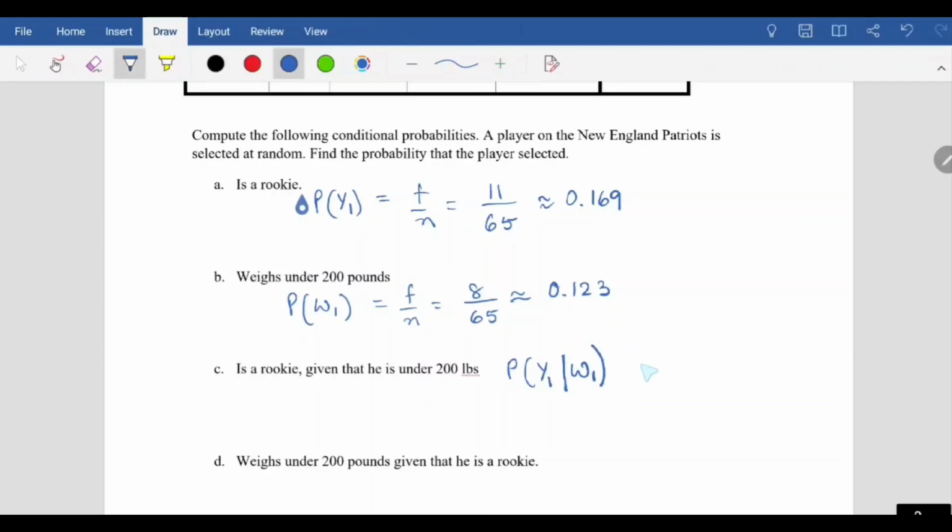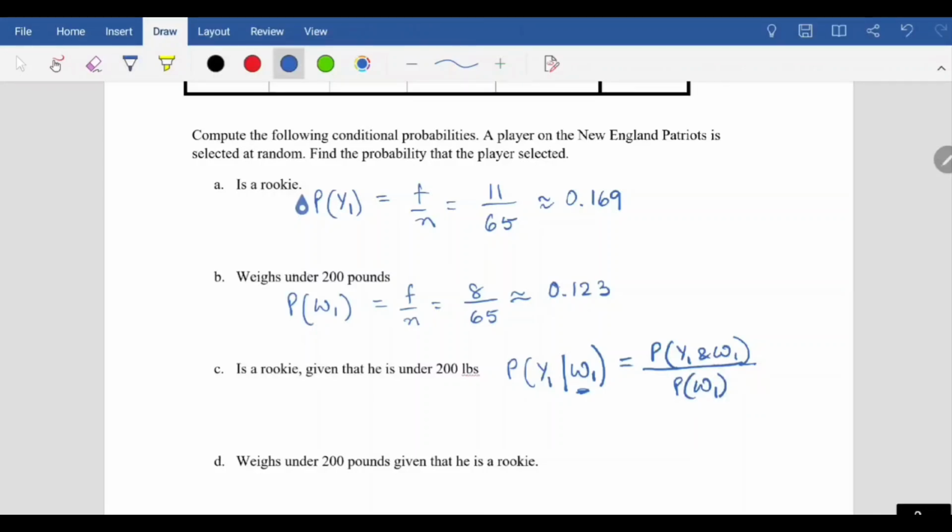All right, so what is the formula? You have to remember the formula or look it up from the formula sheet. So it's the probability of Y1 and W1 happening together, those two events happening jointly, divided by the given condition, so probability of W1.